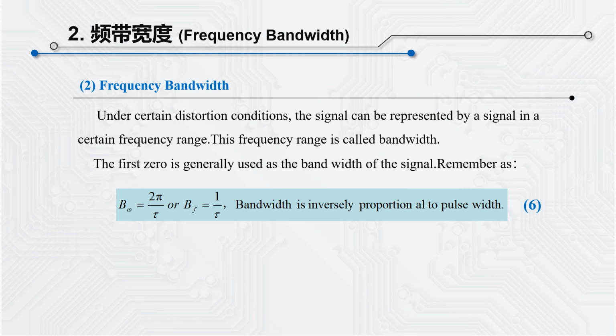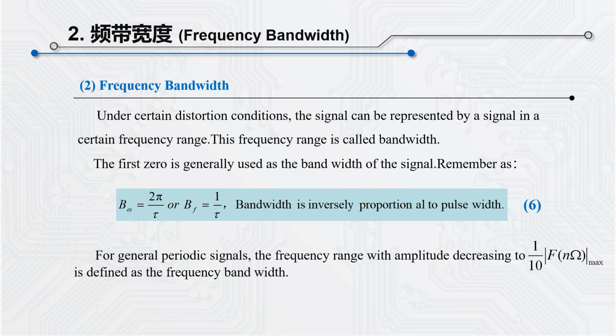You should know that the dimensions of B omega and Bf are different. The unit of B omega is radian per second, while the unit of Bf is hertz. Obviously, the bandwidth is inversely proportional to the pulse width.